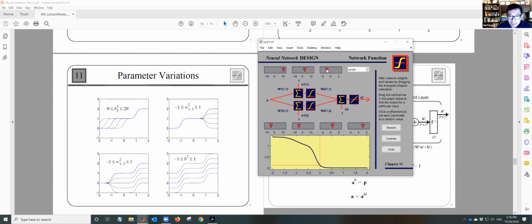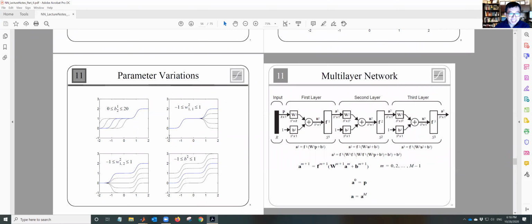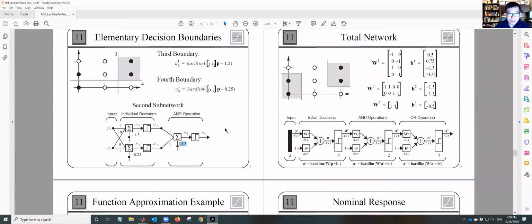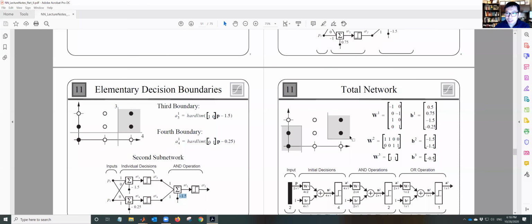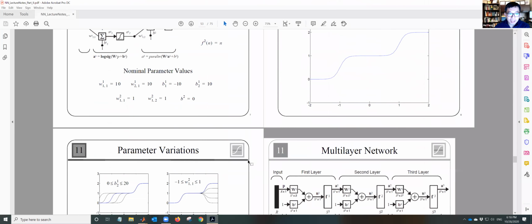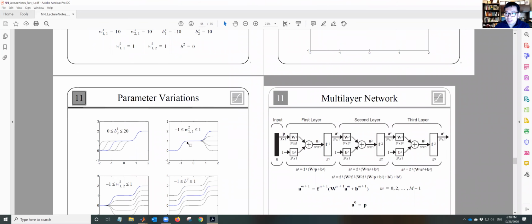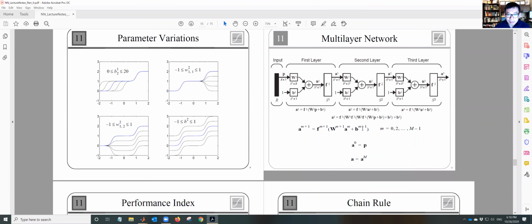And then you can adjust this one, this one, this one. Okay, interesting. But what I'm just trying to show you is that a neural network does the classification problem and also does the function approximation problem. Now let's have a look at the multi-layer neural network.